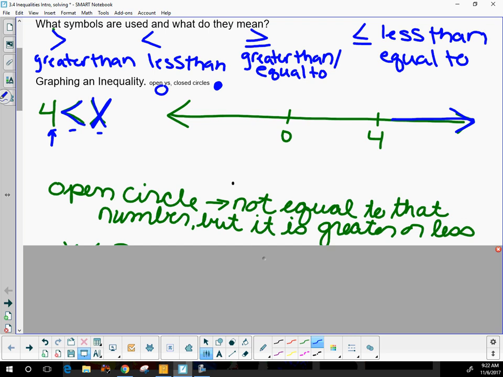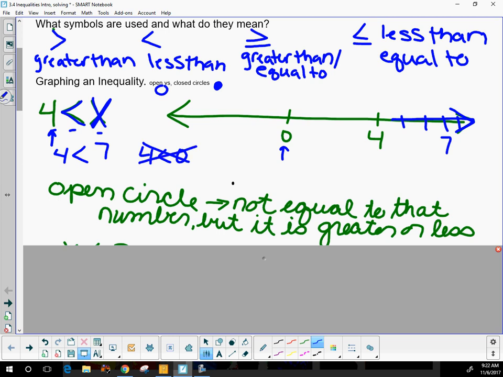Let's think about it. Pick a number over here. Choose 7. Does that make a true statement? 4 is less than 7. It does. Pick a number over here. Why not go with 0? Does that make a true statement? 4 is less than 0?